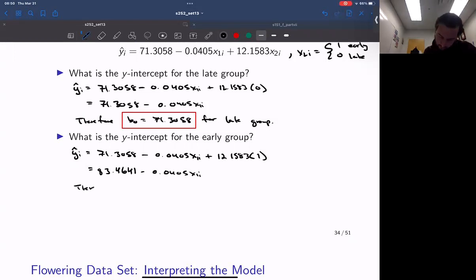Therefore, B0 equals 83.4641 for the early group.